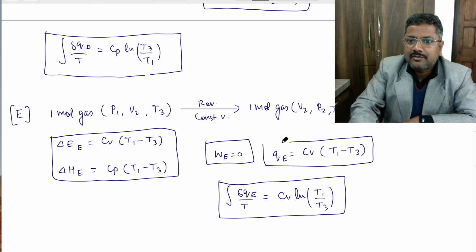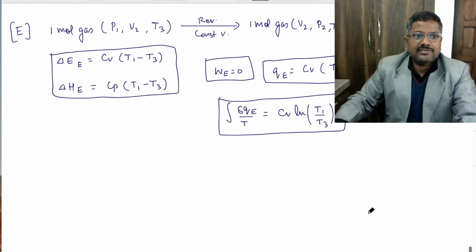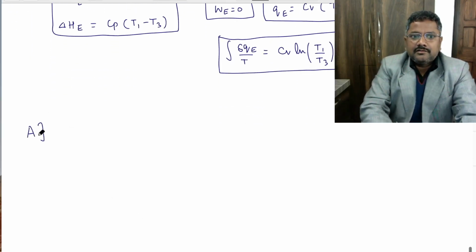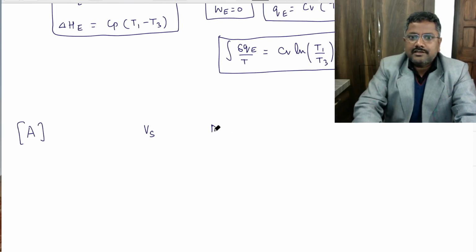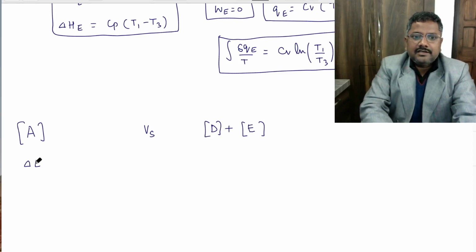So all the parameters I have written. Now compare A versus D plus E. See, delta EA is equal to 0. Delta HA is equal to 0.